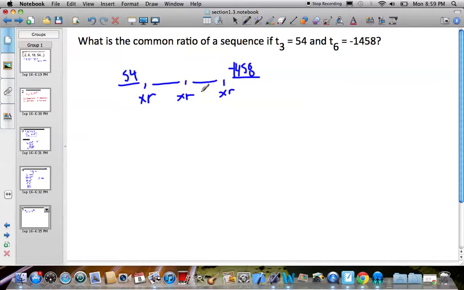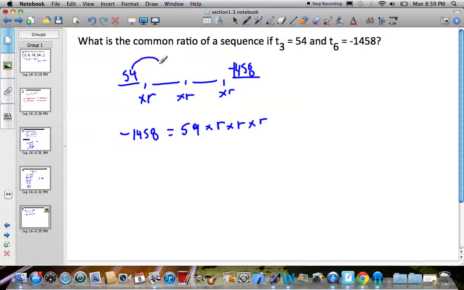So essentially what I'm saying is that negative 1458 is equal to 54 times my common ratio 3 times. So essentially, I have to multiply this guy by the common ratio 3 times.